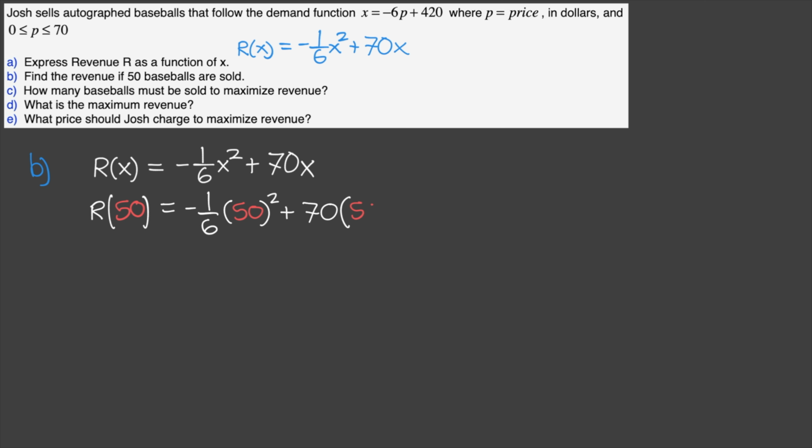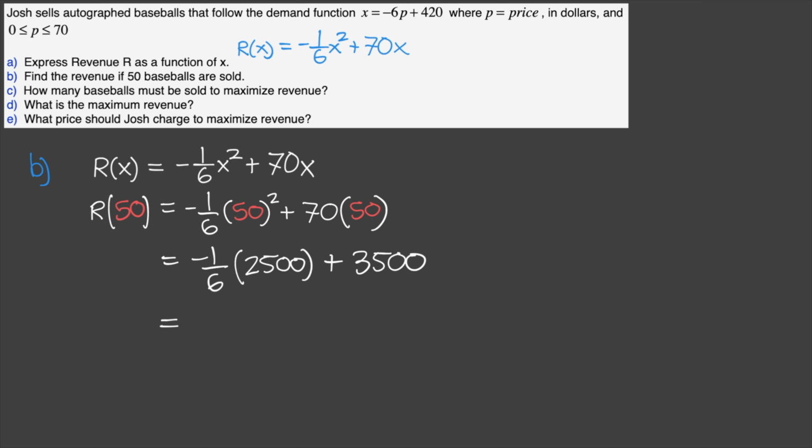So we have plugged in 50 wherever we see an x. Now we simplify. This will give us negative 1/6, and then if we plug in 50 for x squared, that'll give us 2,500, plus 50 times 70, which gives us 3,500.